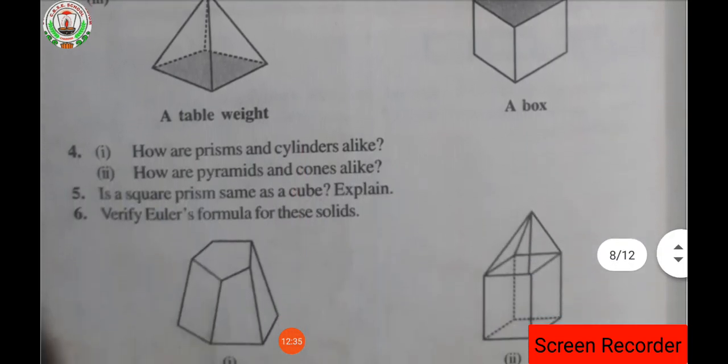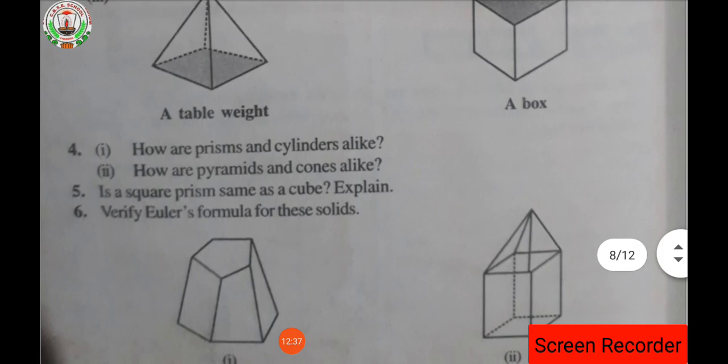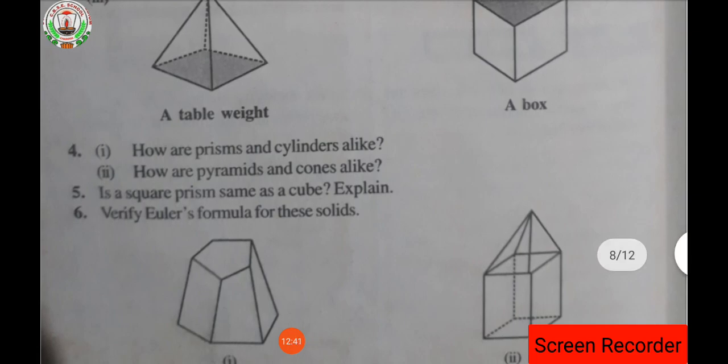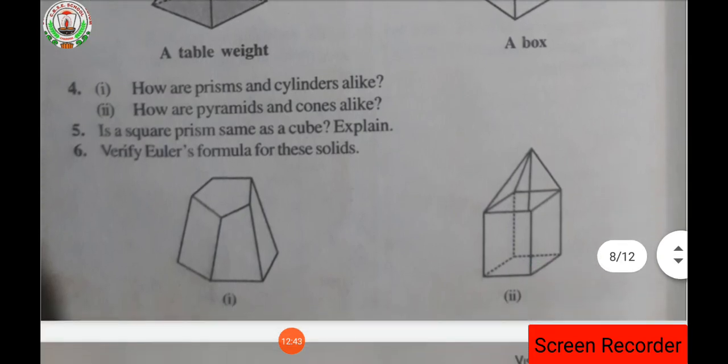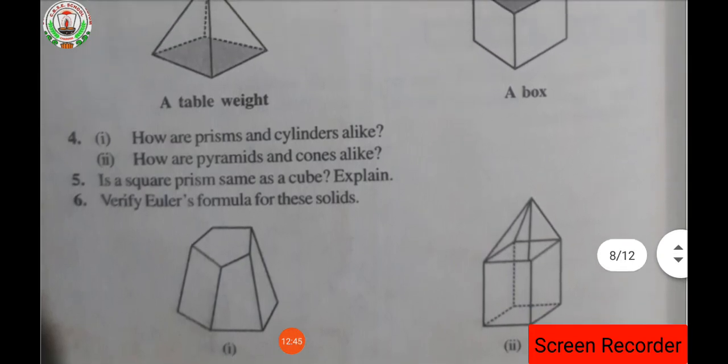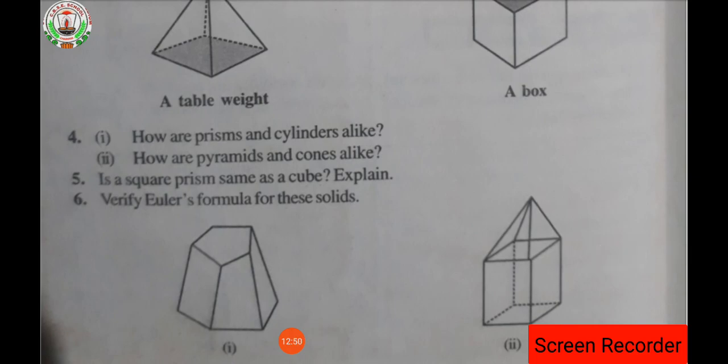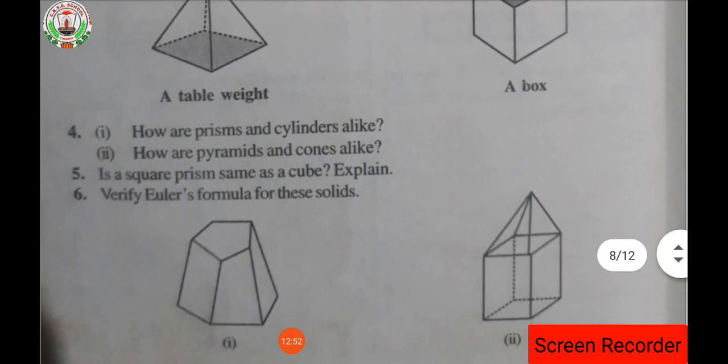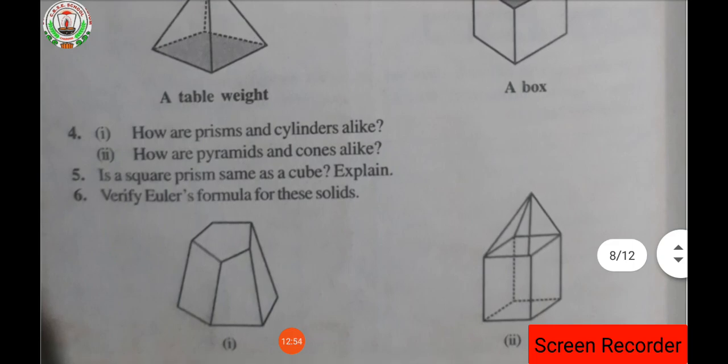Then fourth question: how are prism and cylinder alike? How are pyramid and cone alike? Next, sixth one: is a square prism same as a cube? Explain. Yes, of course, a square prism is same as a cube, and also a cuboid can also be a square prism.